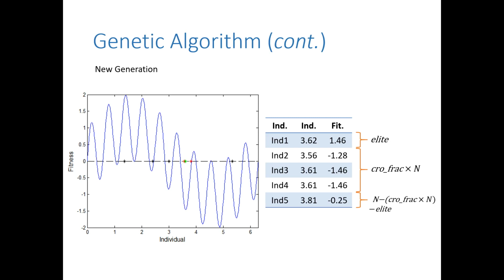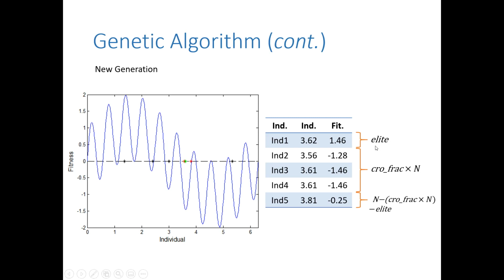So in generation 0 we generate a random population, random individuals. In generation 1 we have to generate a new set of populations, and this is carried out by the selection, crossover, and mutation processes. There are a number of parameters that we have to decide.